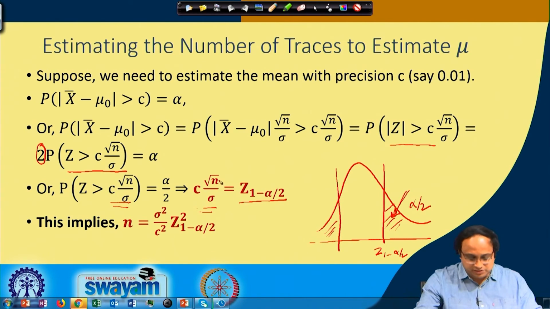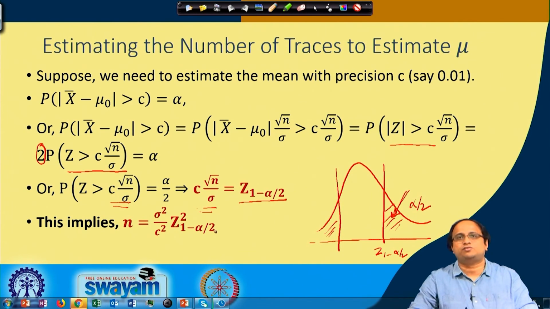And this immediately tells me that n is equal to sigma square by C square into z 1 minus alpha by 2 whole square. So, this gives me a closed form expression for the number of traces required to estimate the value of mu.